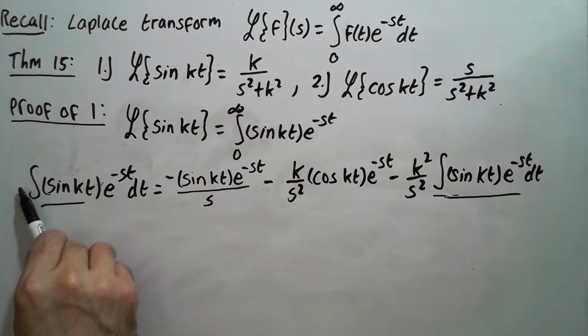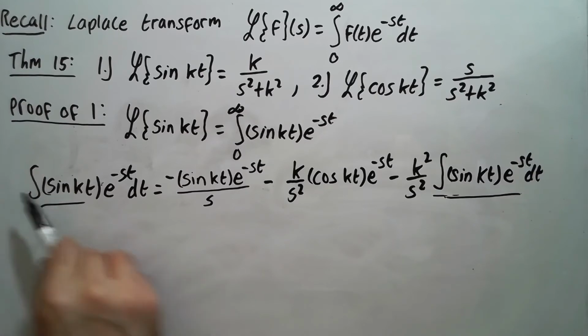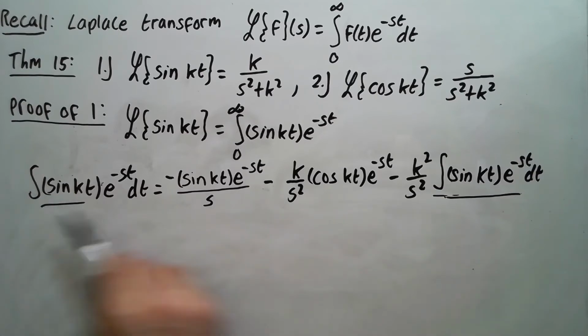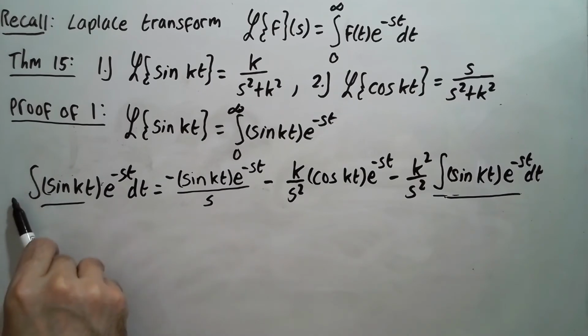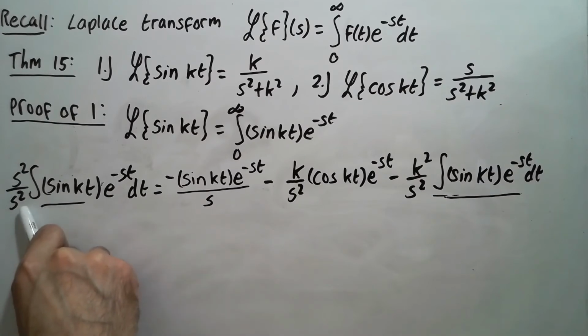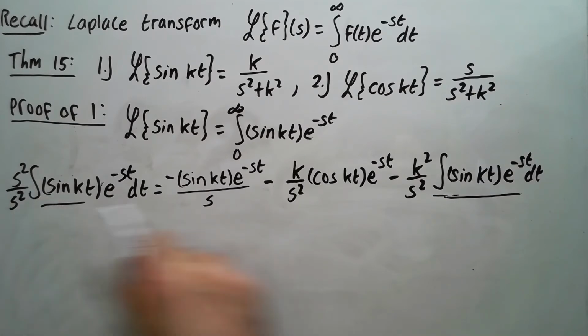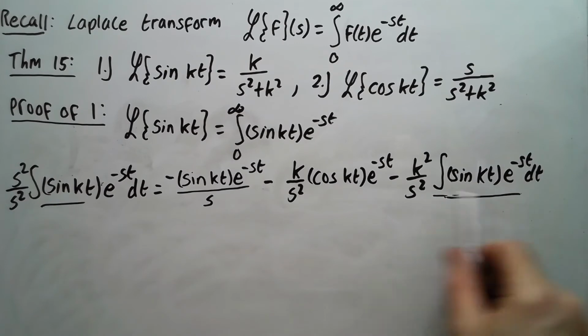Because I want to combine the fractions, I can write it as s squared over s squared. So in place of the 1 here, I'm going to write s squared over s squared. Now I'm going to add this integral over to this side.